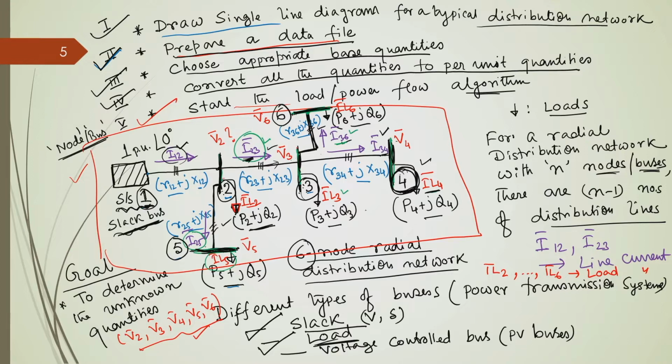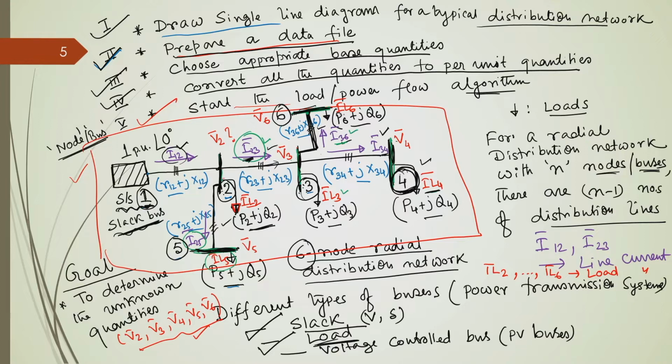So, the same thing is applicable for other terminal nodes like node 5 and node 6. Okay. So, for node 6, this line current which is flowing from node 3 to node 6 is independent of any load current except the load current of node 6. So, that is why I 36 is equal to the load current of node 6, that is I L 6.